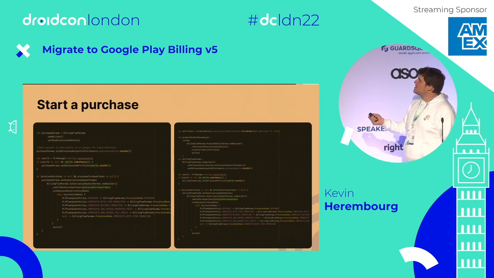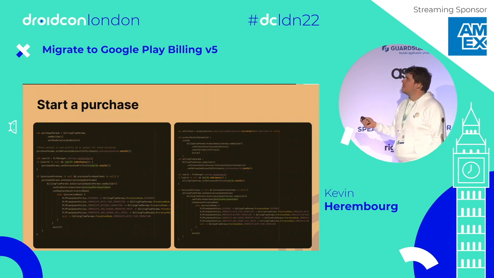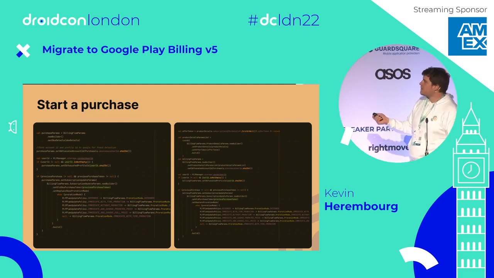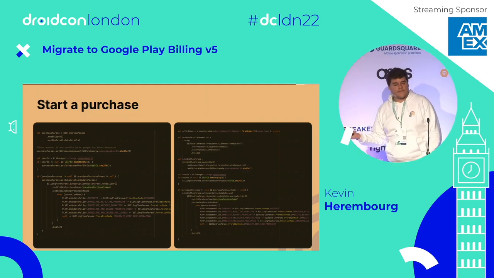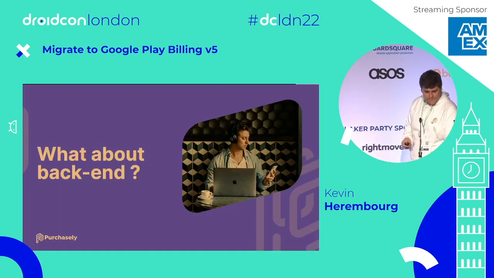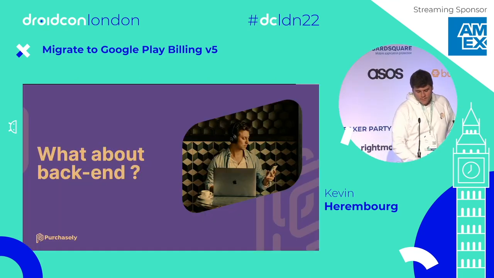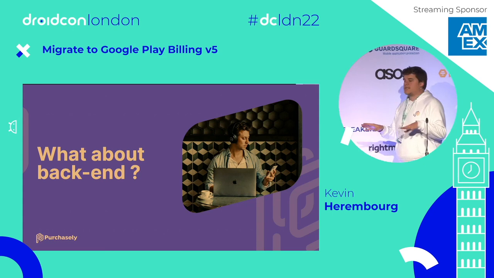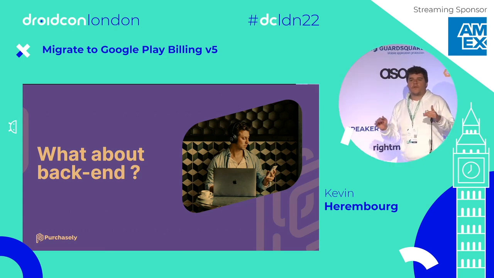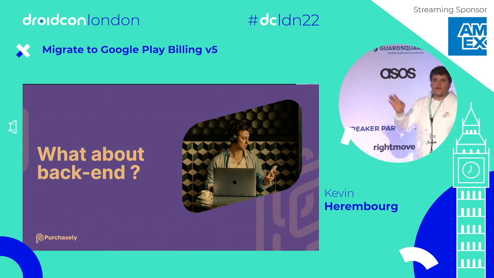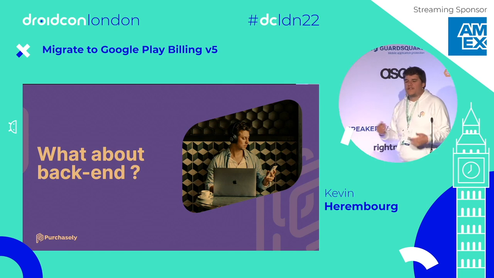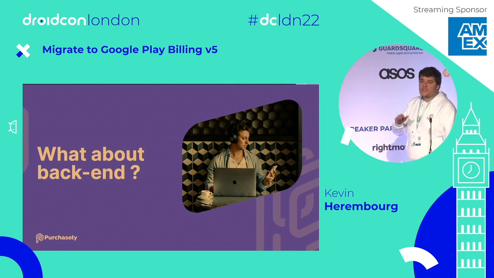And I say to Google, this is the offer token I want to purchase for these product details. And now I can start my purchase in V5. So SDK-wise, basically that's it. There are a few other methods that change, but you will see the compilation error in Android Studio, and it's very easy to fix. Basically, they just change everything called SKU by product.